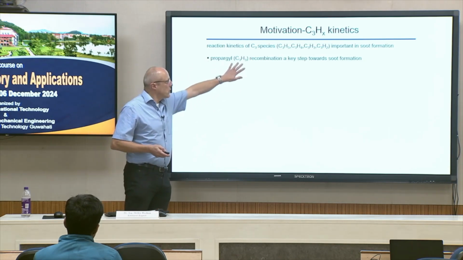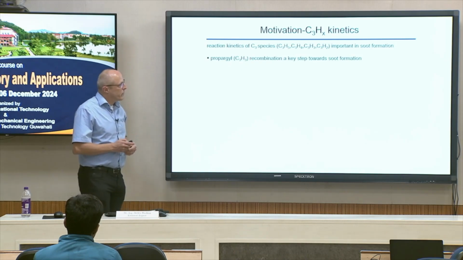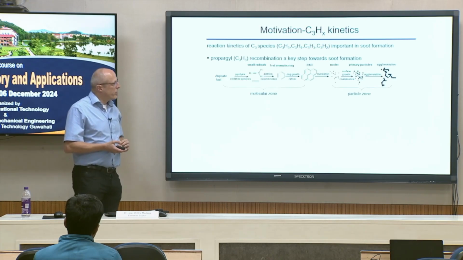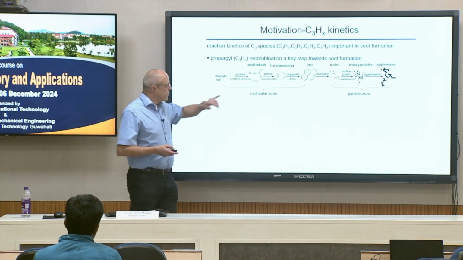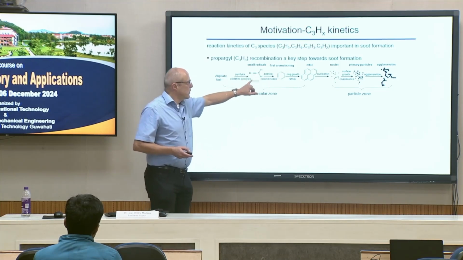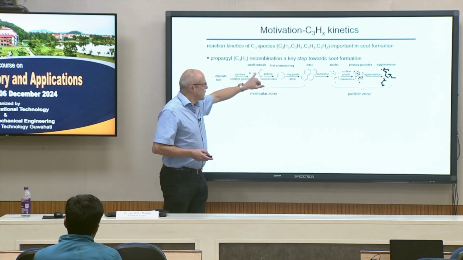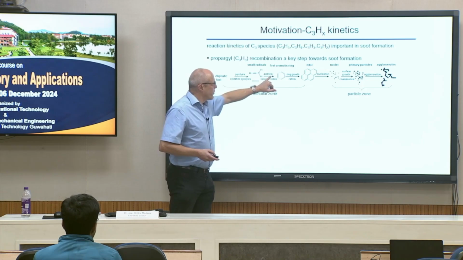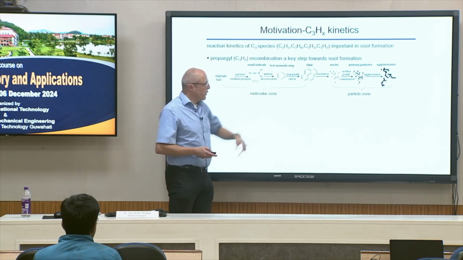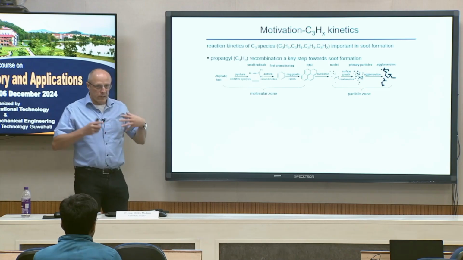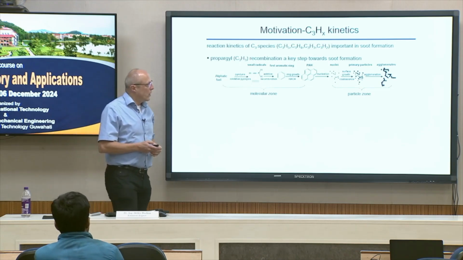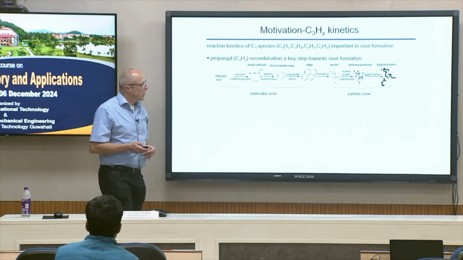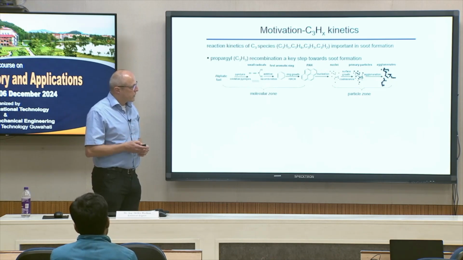molecules. This propargyl radical C3H3 recombination is the first step to examine this. So this propargyl radical, due to recombination or addition, forms the first aromatic ring, and this then grows further on to PAH, and then finally to larger soot radicals.